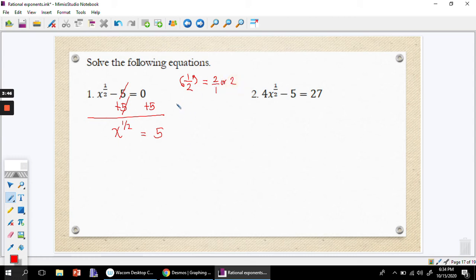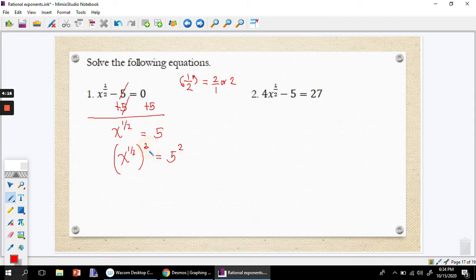So what we will do is get the reciprocal, and then we will raise both sides of the equation by the reciprocal of the exponent. So what does it mean? x raised to 1/2, you are going to raise that by 2/1 or 2, and you are also going to do that on the right side. Again, get the reciprocal and then raise both sides of the equation by the reciprocal.